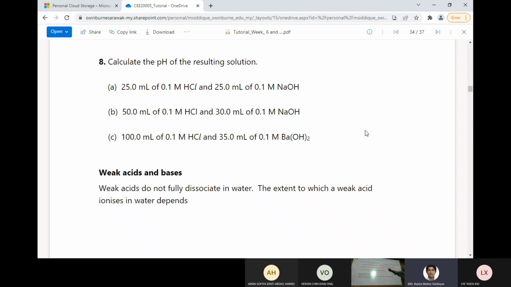Since we have 2.5 and 2.5, there is no leftover on the left side. Everything goes to sodium chloride and water. So how much sodium chloride is produced? Exactly 2.5 times 10 negative third, and the same for water, 2.5 times 10 negative third, right?